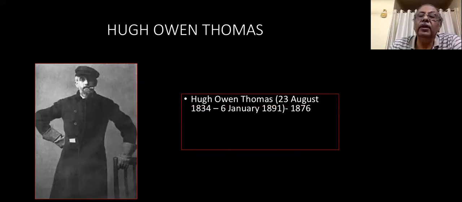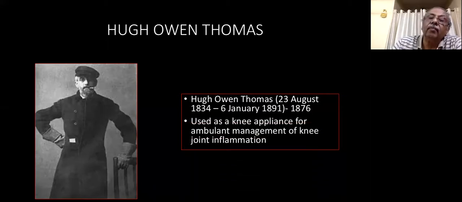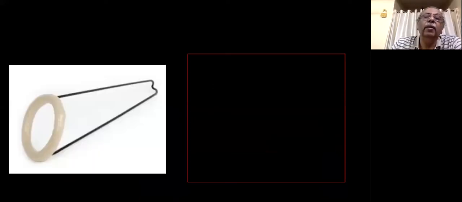Hugh Owen Thomas is considered to be the father of orthopedic surgery, and he was born on 23rd August 1834 and passed away on 6th January 1891. He discovered the splint in 1876. He used it as a knee appliance for ambulatory management of knee joint inflammation.